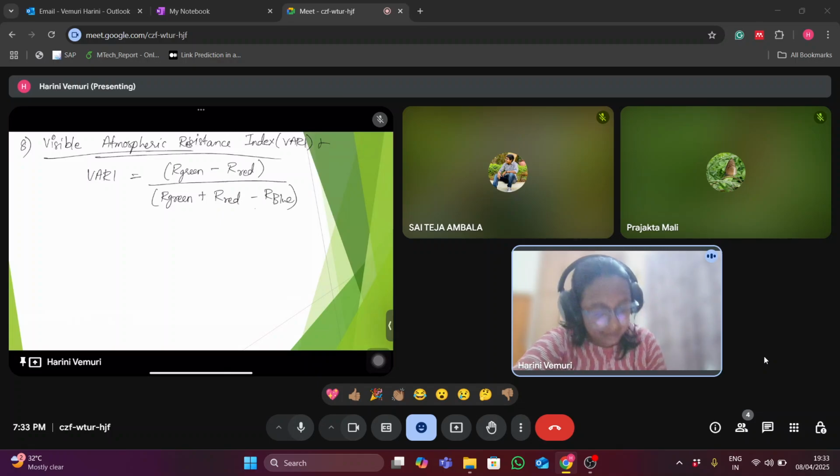So by subtracting this, the atmospheric effects are reduced. So the advantage is it is sensitive to vegetation health and minimizes atmospheric effect because of the blue band subtraction. And the disadvantage is it is sensitive to atmospheric condition. Like if there is cloud cover, we cannot get the data. And there is a dependency on specific sensor characteristics.